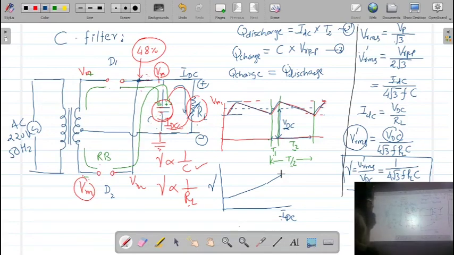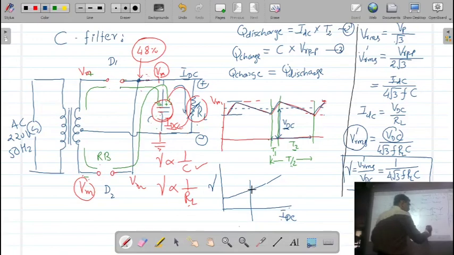What does it mean? If you are using this capacitor filter for the lower value of the current, for the lower current capacity of the power supply, then only it will be useful. Otherwise, the current will increase and the ripple factor will also go on increasing for a particular value of the capacitor. But again, if I want to reduce this, I can increase the value of the capacitor. But a very large value of the capacitor is not available in the market.